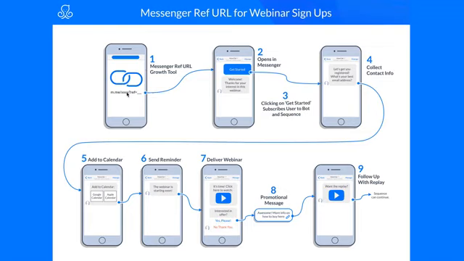Give this link to partners that you've collaborated with, or use this link on YouTube. If you're talking about a yoga pose in a YouTube video, there's no reason you couldn't make a call to action for them to visit your ref URL to register for the webinar. Just make sure you're always setting the expectation that this is going to happen inside of Facebook Messenger so that they're not surprised when they click.